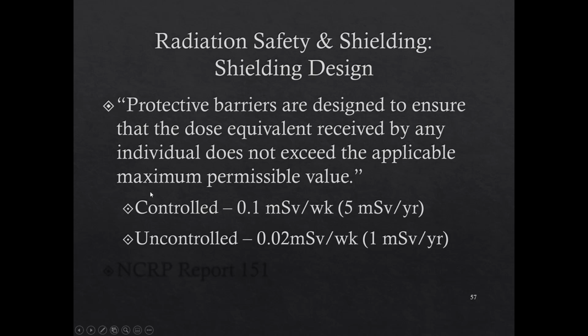So essentially you just need to know that a controlled area is going to be 5 millisieverts a year, uncontrolled 1 millisievert a year. I would give you these values if you were ever asked to do a calculation on a test or anything like that. And this is taken from the NCRP report 151.